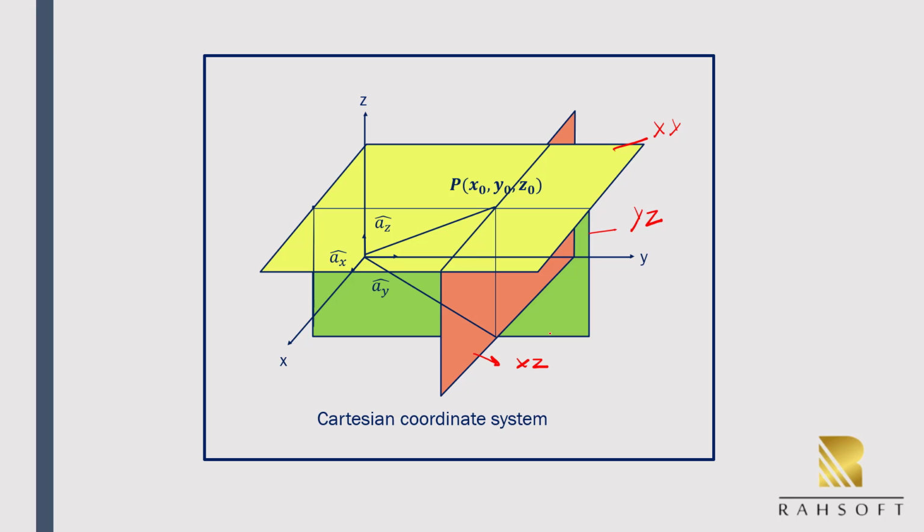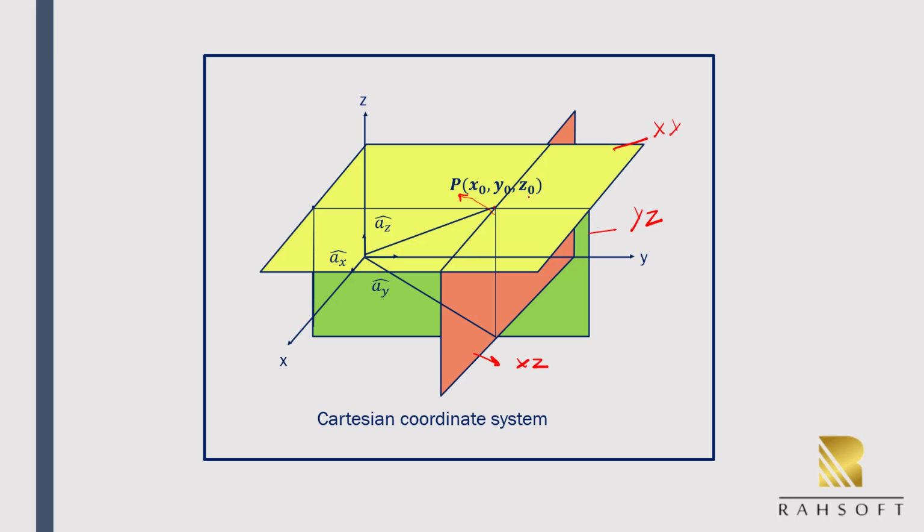So we have these three planes, xy, yz and xz, and their intersection is here. This is the point P, where we are locating that point, and it is x naught, y naught, and z naught. We have to calculate the point of intersection of these three planes.